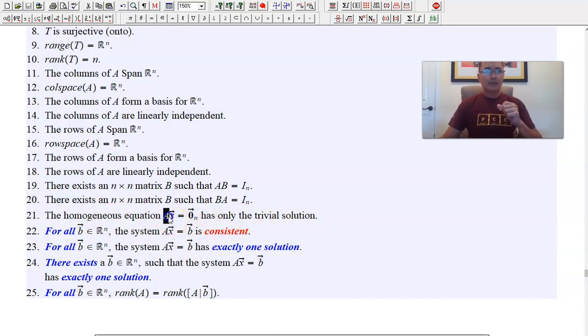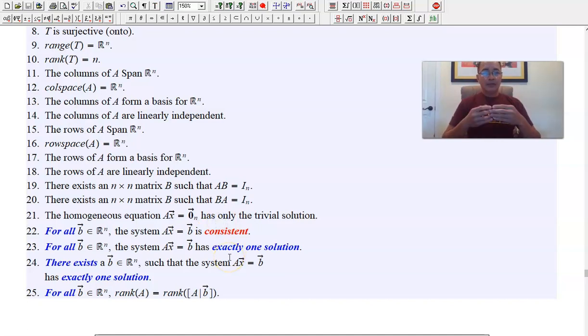But wait a minute, where did we see this homogeneous system when we talked about the null space of the matrix? We said a matrix or an operator is 1-to-1 if and only if its null space is only the 0 vector, which means that the solutions to the homogeneous system is only the trivial solution. X is all zeros.